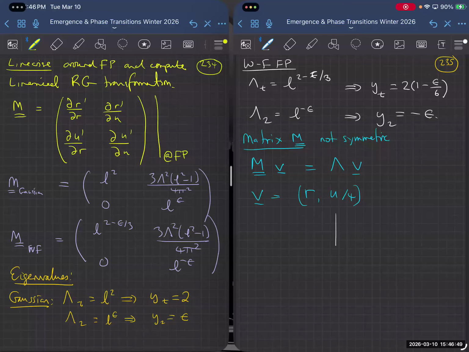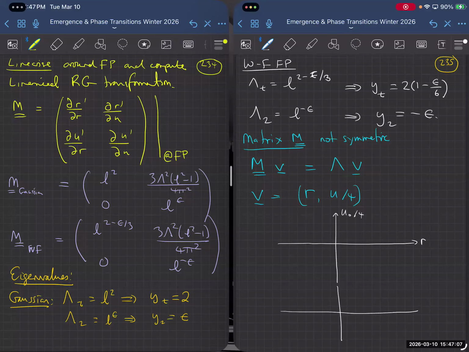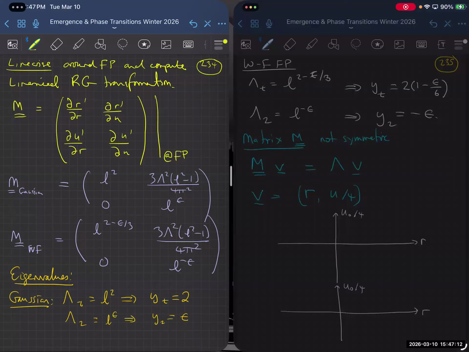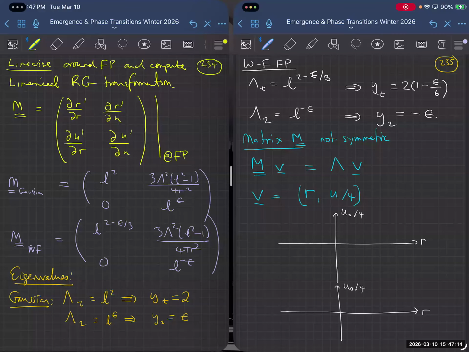So I'm going to draw an axis. I'm just going to sketch it. I'm not going to write down the formula. So here is U naught over 4. Here is R. And what I'm going to draw for you is this twice: once for d greater than 4, which means epsilon is negative, and once for d less than 4, which means epsilon is positive.